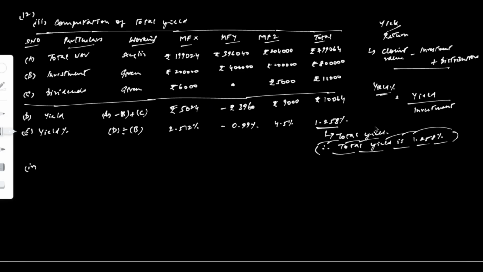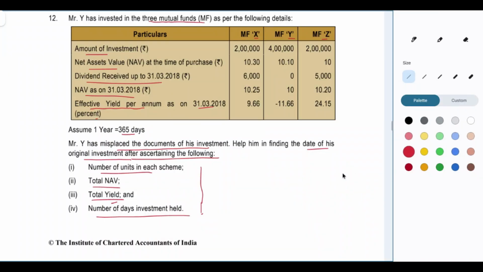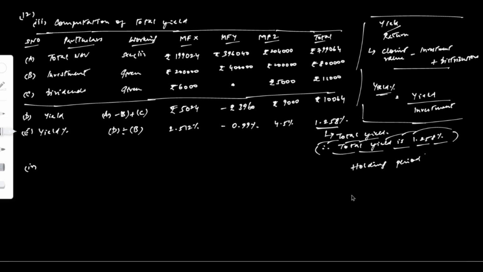So what should we find out now? It is the holding period, right? And what details are given? Effective yield per annum is given, that is annualized return, right? And we found out the yield percentage, that is holding period return percentage, right?